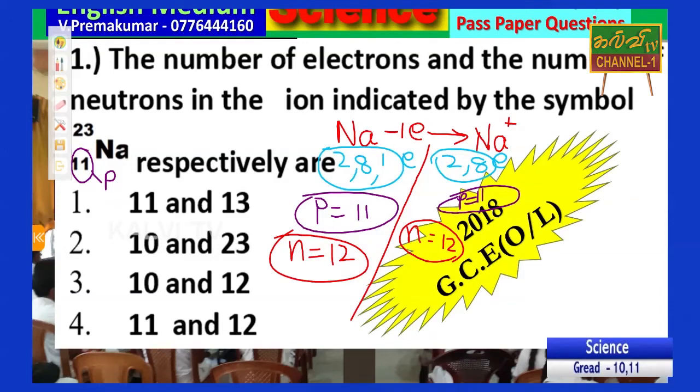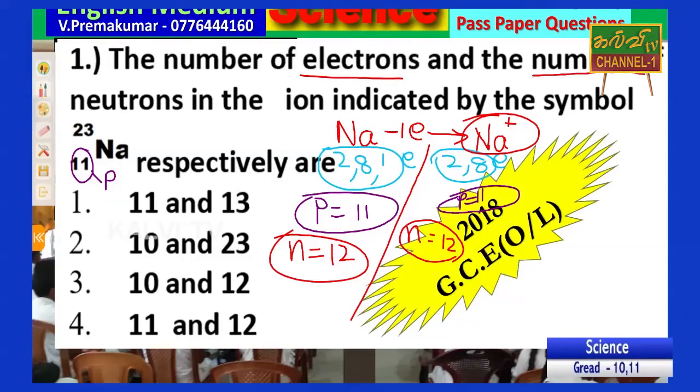According to this, what are they concentrating on? Ions. The question is on ions. The number of electrons and the number of neutrons in the ion indicated by the symbol.